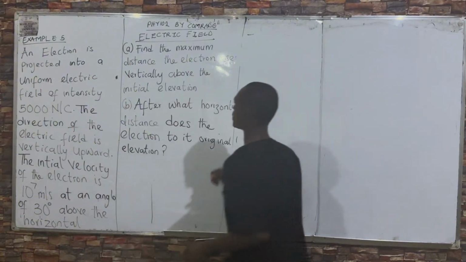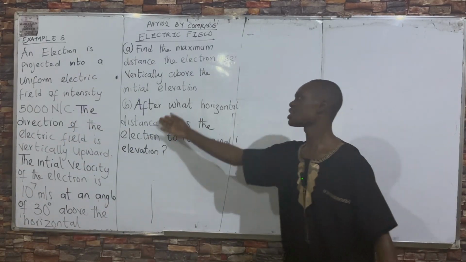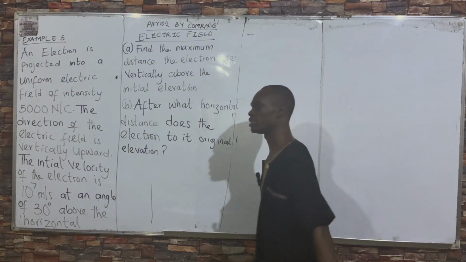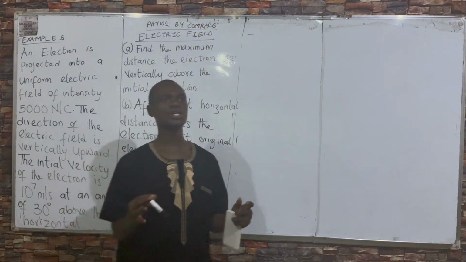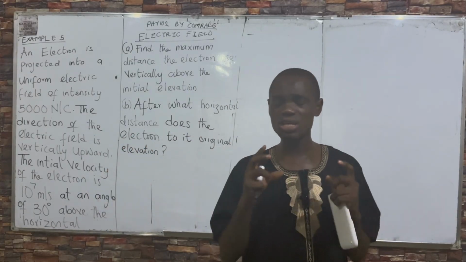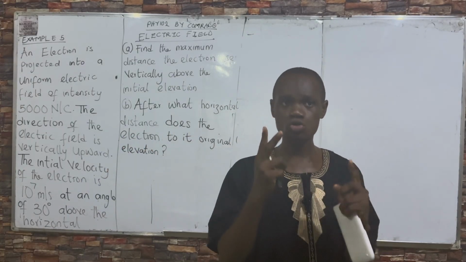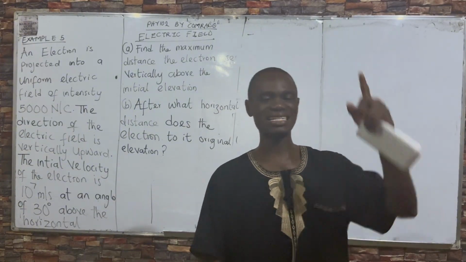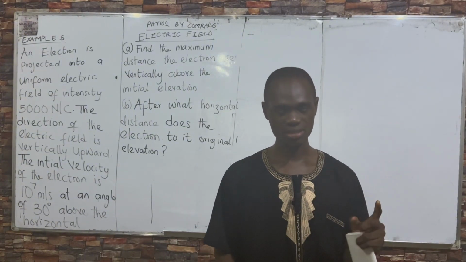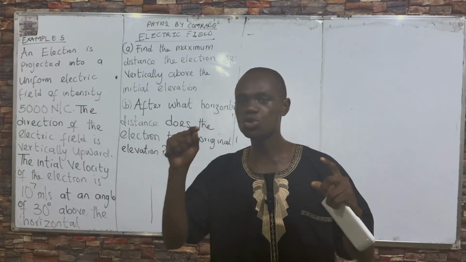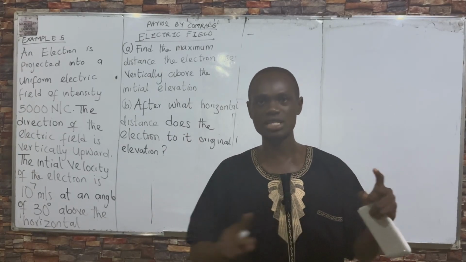Now let's go to the B part. It asks, after what horizontal distance does the electron leave the ground? You know that when you are doing projectile, let me explain again. A projectile motion has two independent motions, horizontal and vertical. The horizontal motion is a motion of uniform velocity along a straight path.